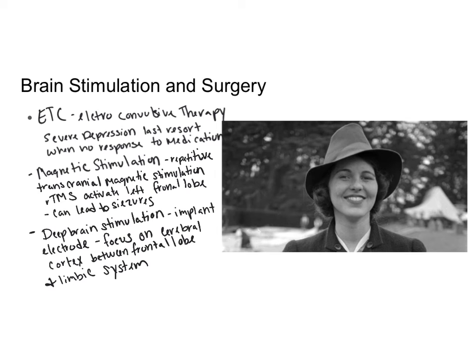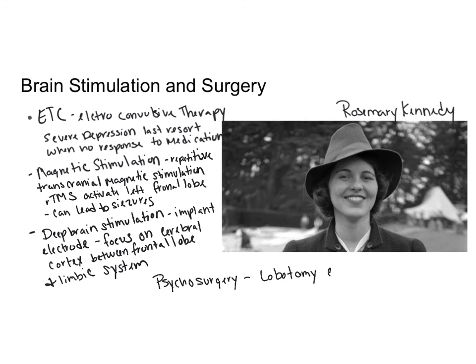And finally, we have psychosurgery, which is essentially a lobotomy. Some of you may be familiar with Rosemary Kennedy, JFK's sister, who they did have a lobotomy performed on and then put her away for the rest of her life because she was essentially a vegetable after the lobotomy.